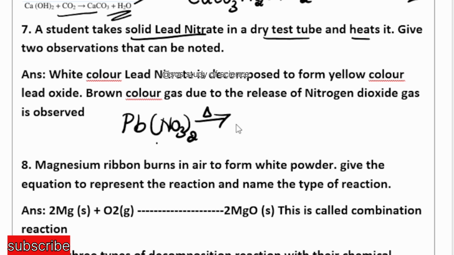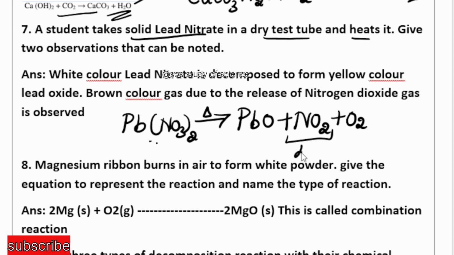When we heat lead nitrate, we get lead oxide, and along with this we get nitrogen dioxide and also oxygen. The nitrogen dioxide formed here is brown color fumes.